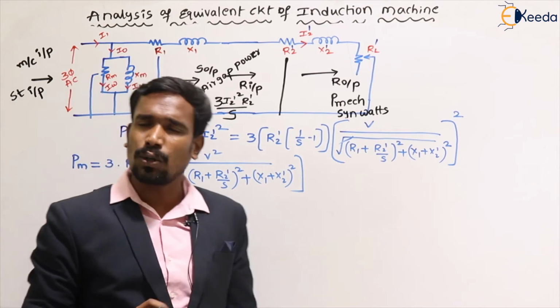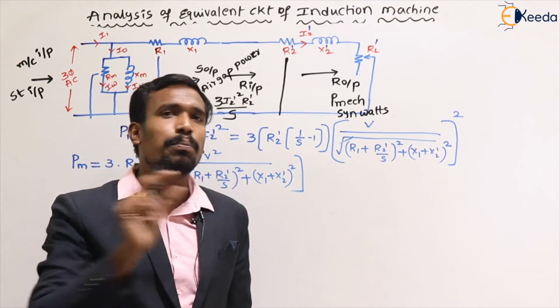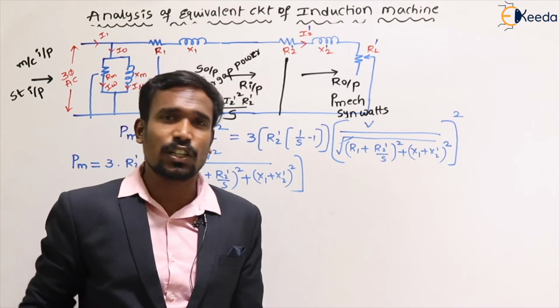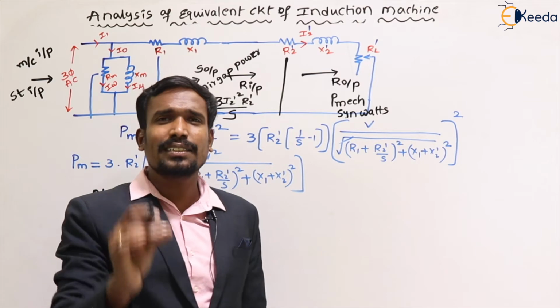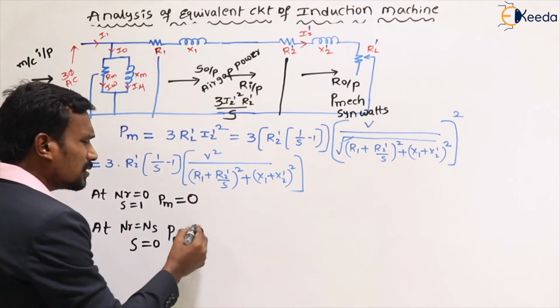Generally in an induction motor or generator, N_R equal to N_S is impossible. Yes or no, guys? I think you studied about the operation of induction motor and generator. N_R equal to N_S is zero possibility. Then what is the power? 0.